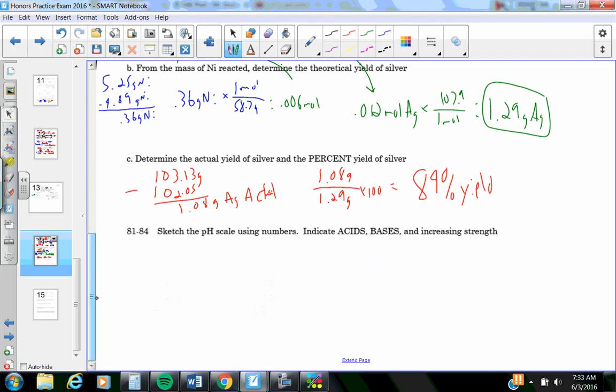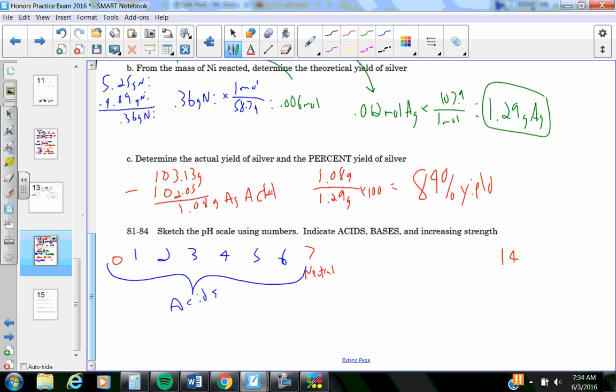Last one, sketch the pH scale. Just a little bit of a reminder to you. It starts at 0, goes up to 14. 7's in the middle, that's neutral. 6, 5, 4, 3, 2, 1. All of these up to there are acids.